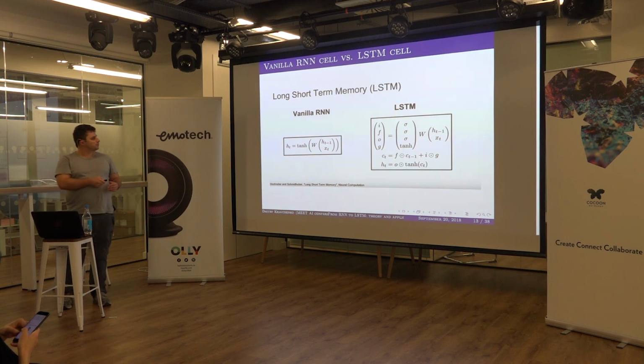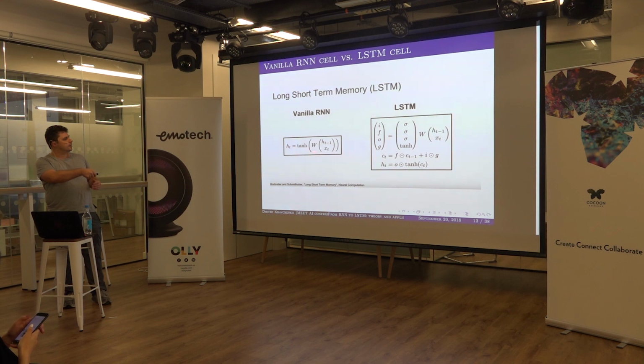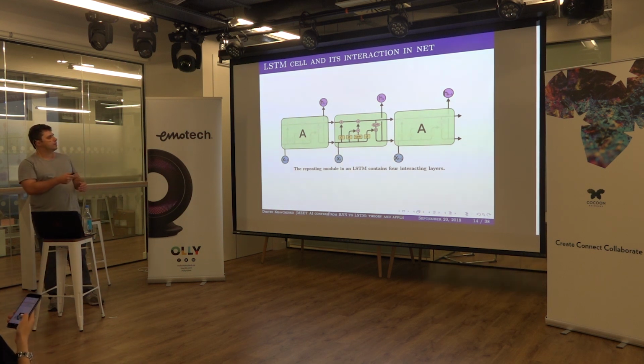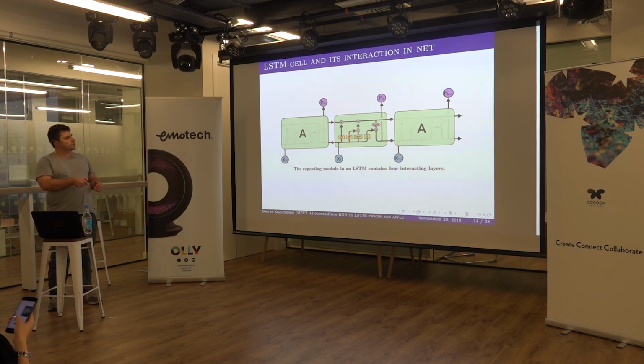So where in RNN we only have this neural layer which multiplies the matrix W by the concatenation of two vectors. So this is an interaction of the LSTM cell with other cells, and as you can see, it has, as I said, 3 sigma layers, which activate.